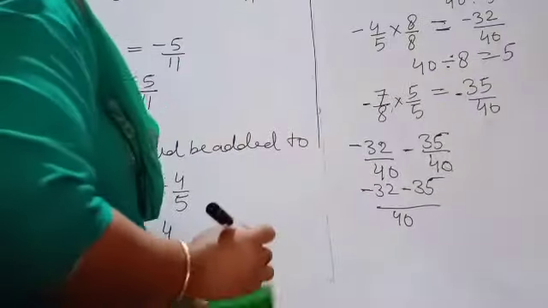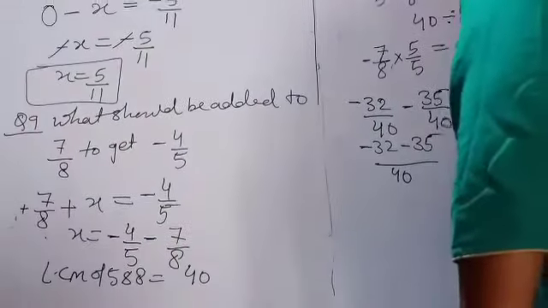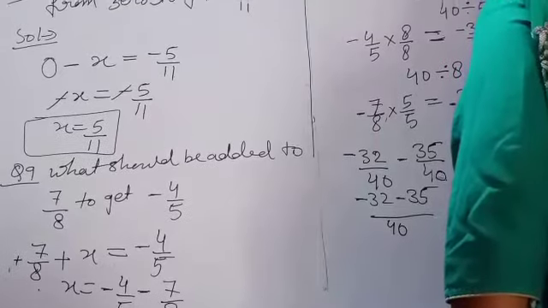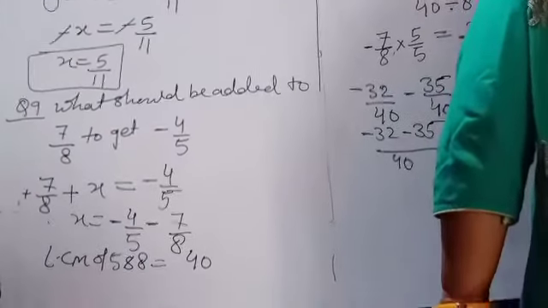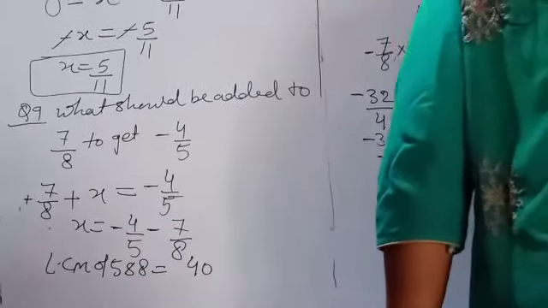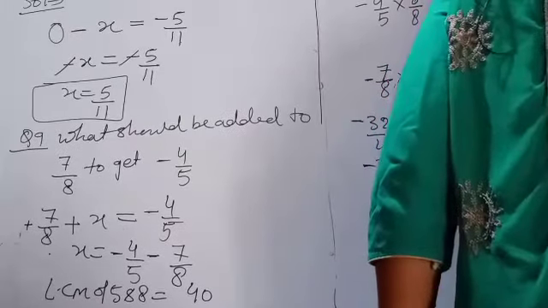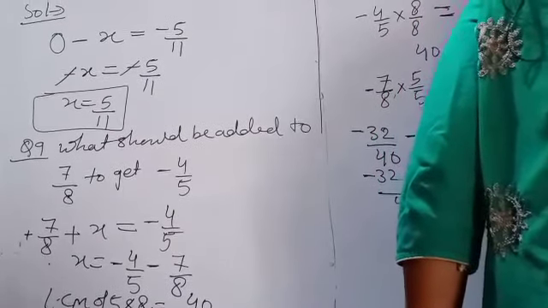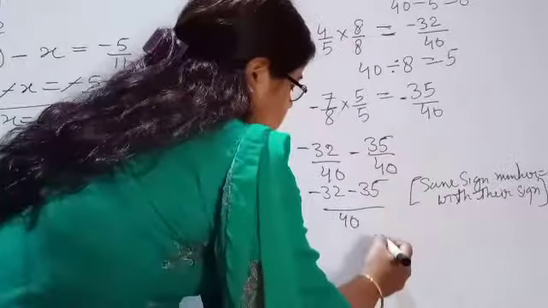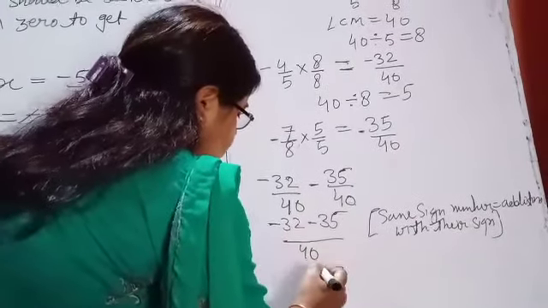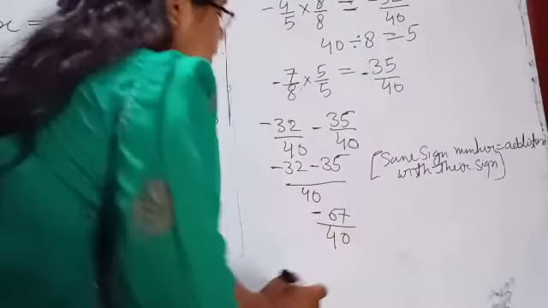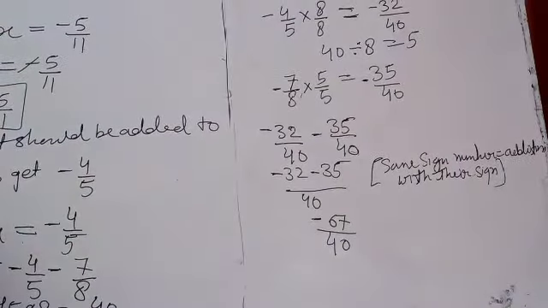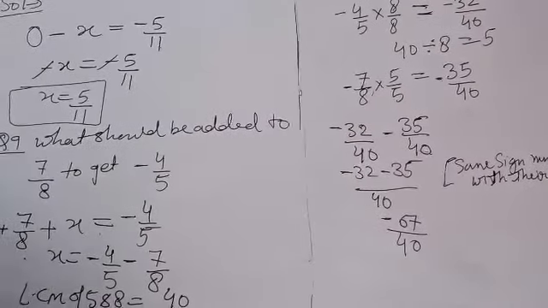Apply the rule of integers: same sign numbers means addition with their sign. Okay. Now see that 5 plus 2 is 7, 3 plus 3 is 6, and what sign do they have? Minus. 67 upon 40. This will be your answer. So in this way we have completed question number 8 and 9.